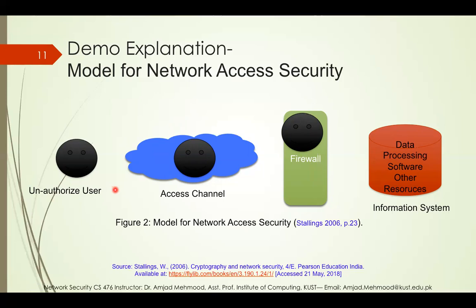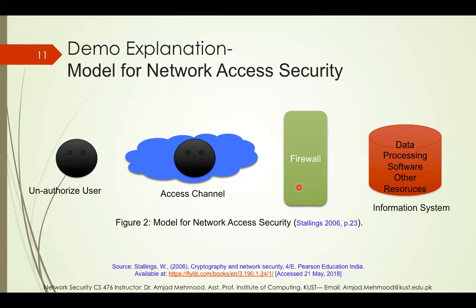So the firewall throws this unauthorized user out of the system, and hence your system security is maintained, he cannot get access to the information system, and your resources will be saved. Because in most cases, it is assumed that an unauthorized user can get access over the channel.